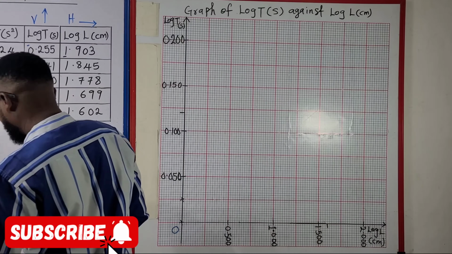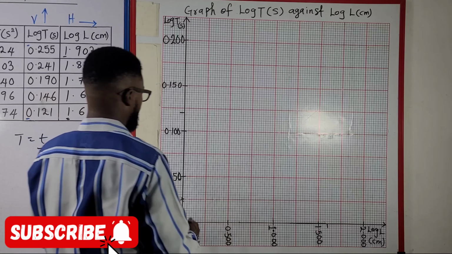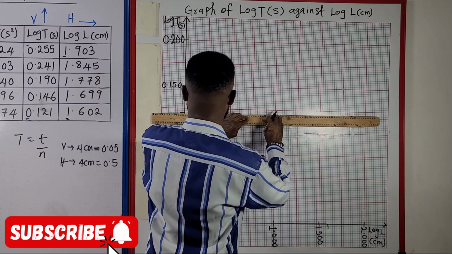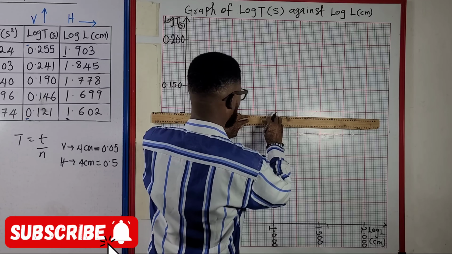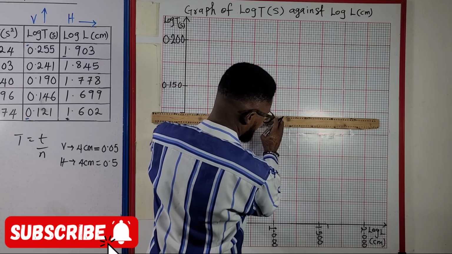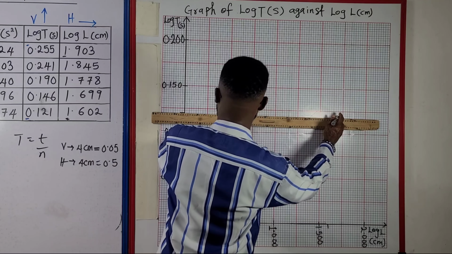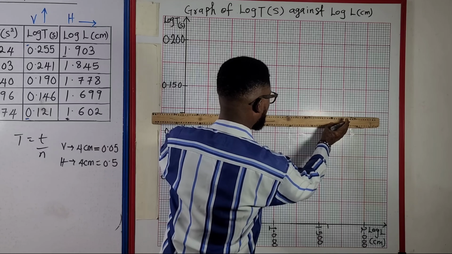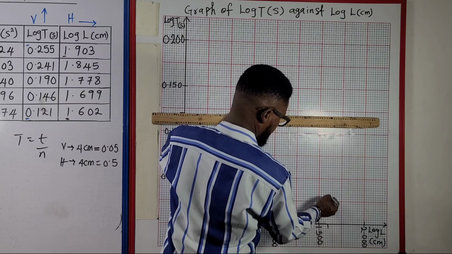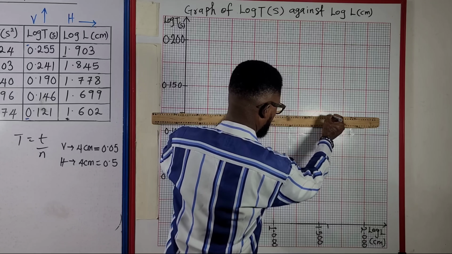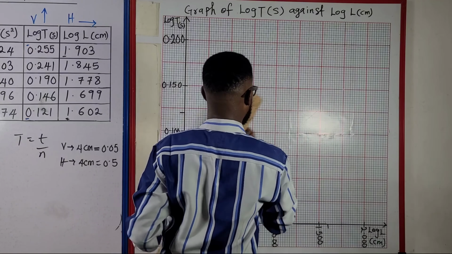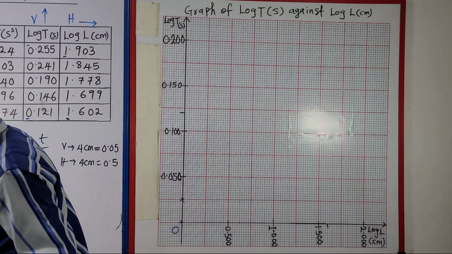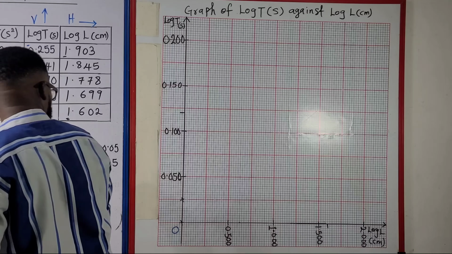When I trace that up, if I place my ruler this way, that's looking here. So the next thing is to pick that point.